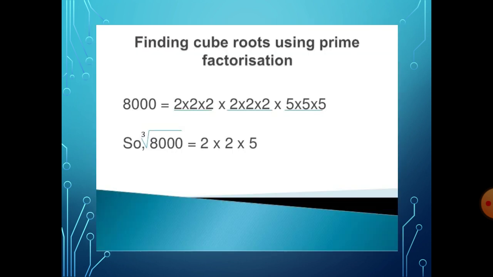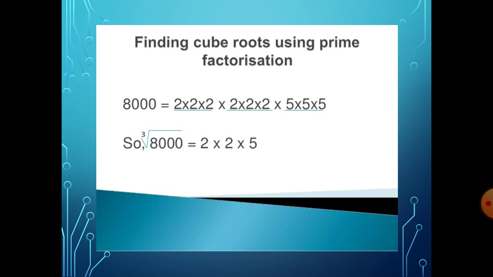Let's see with the help of an example. Here it is 8000. When you resolve it into prime factors, you will get 2 into 2 into 2, 2 into 2 into 2, multiplied by 5 into 5 into 5. As we are making groups of triples, these three 2's are one group, these three 2's are another group, and these three 5's are one group. When we take out of a group, we take a single one.